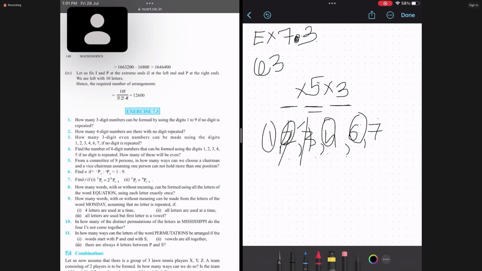So I have 4 more choices to fill the hundreds place. That will be 4. And finally, the answer that we arrive at is 4 into 5 into 3. That is nothing but 60. So 60 3-digit numbers are possible using 1, 2, 3, 4, 6, and 7 when the numbers are even and the digits are not repeated. Correct?